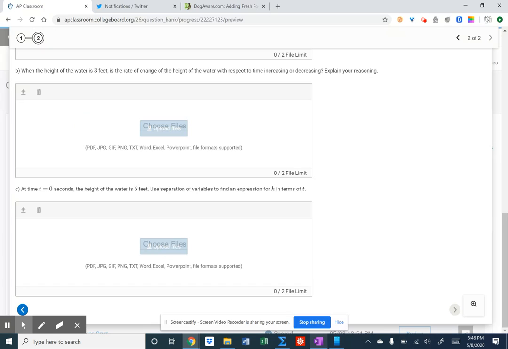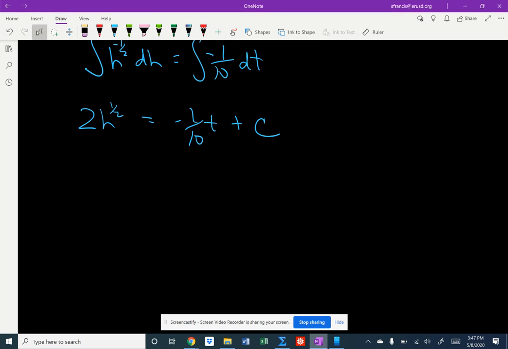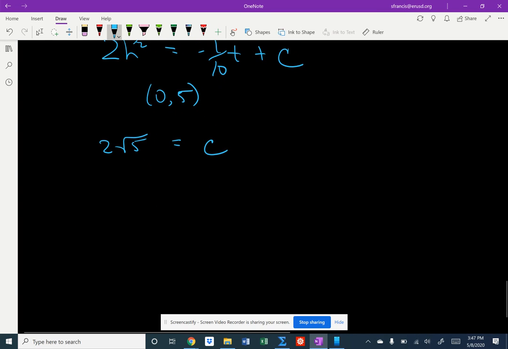We know some initial condition: at t of 0, h is 5. So we got 0, 5. And so if I plug in, 2 square root 5 will be equal to c. When I plug in 0 for t, it goes away.